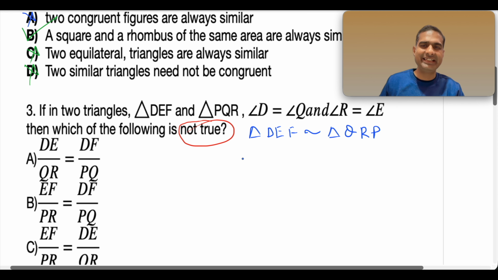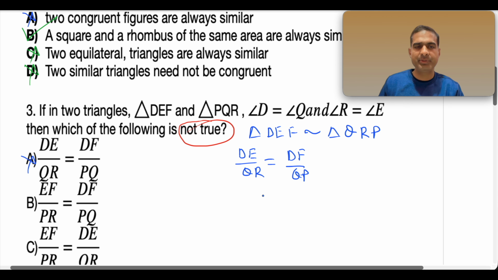So first one is saying DE by QR. DE is the first two letters, QR are also the first two letters of the second, will be equal to DF, so first and third of the first, so QP, first and third of the second, so QP or PQ. So first one is correct, but it is asking which is not true, so this cannot be our answer.